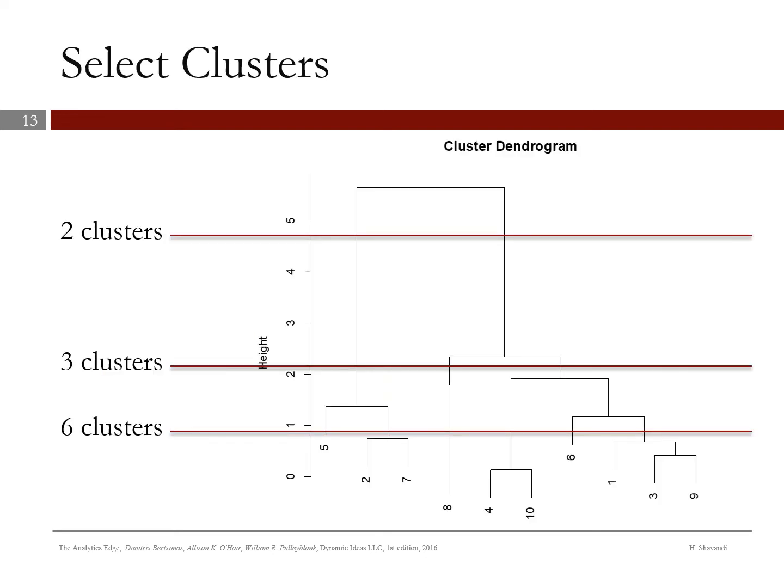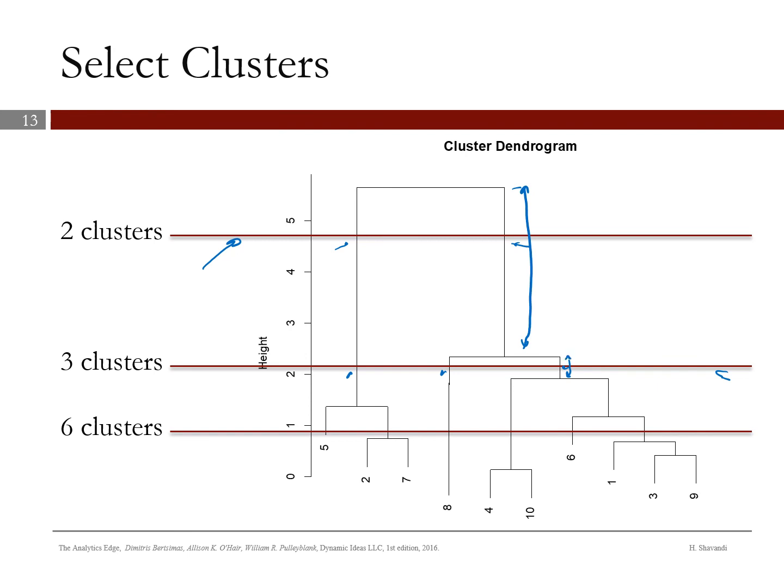In our example, consider this horizontal line. As you see, it's cutting two vertical lines. That means by this choice, we will have two clusters. And as you see, we have a lot of wiggle room, right? In this horizontal line, we have 1, 2, and 3 crosses, so we'll have 3 clusters, and again a reasonable wiggle room.